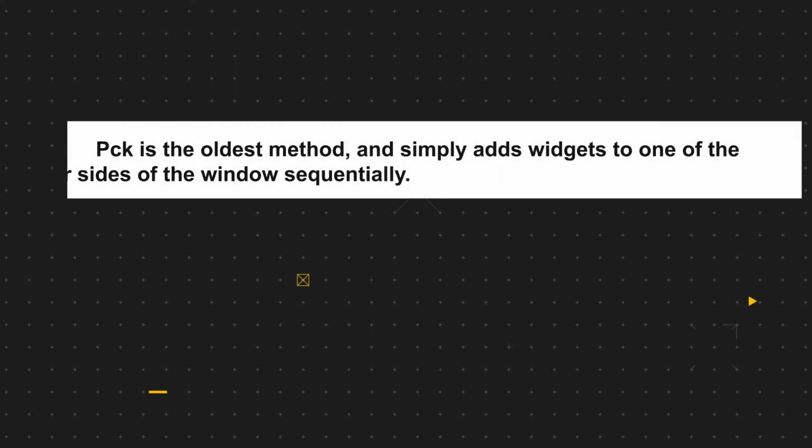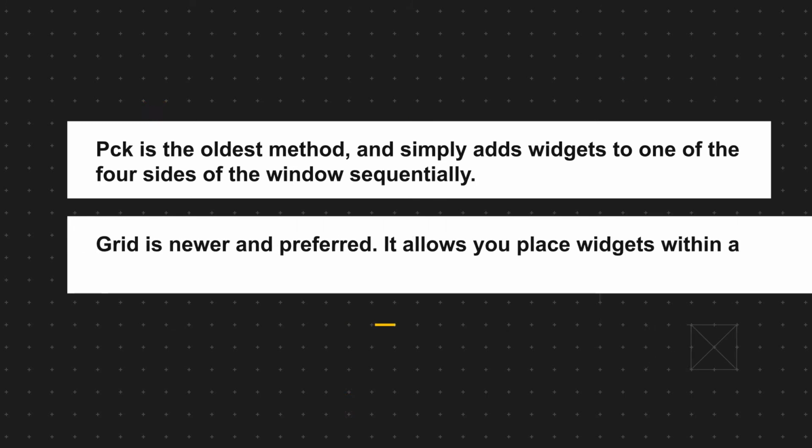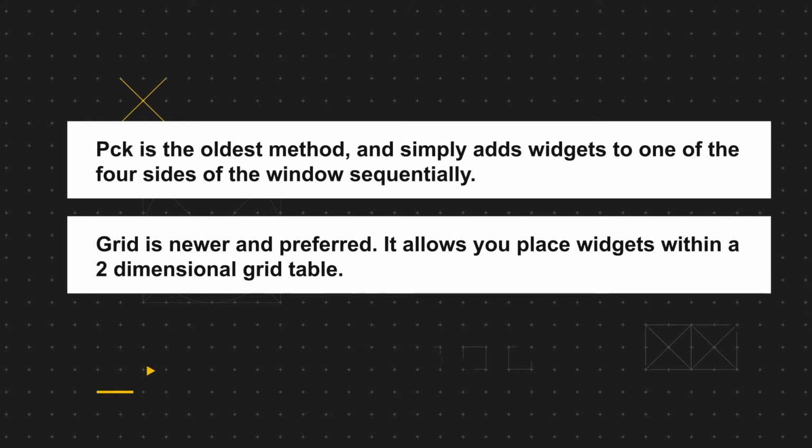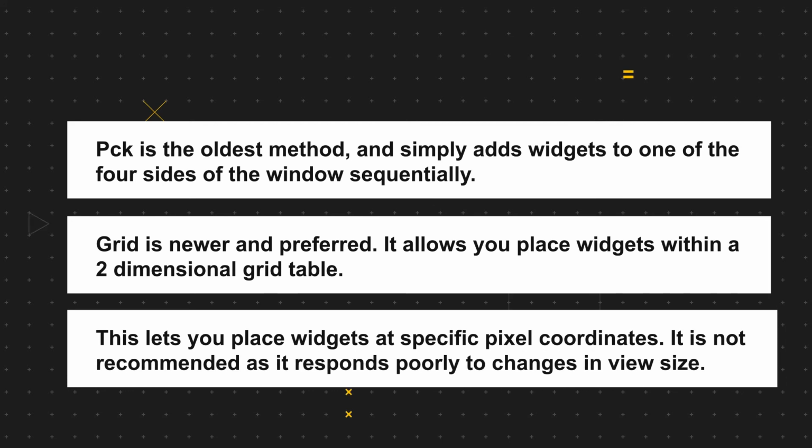Pack is the oldest and simply adds widgets to one of the four sides of a window sequentially. Pack is old, it is obsolete. People hardly make it with pack right now. The one we are going to use is the grid. Grid is newer and preferred. It allows you to place widgets within a two-dimensional grid table.